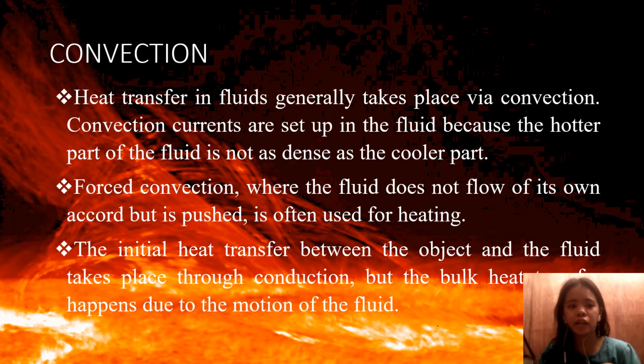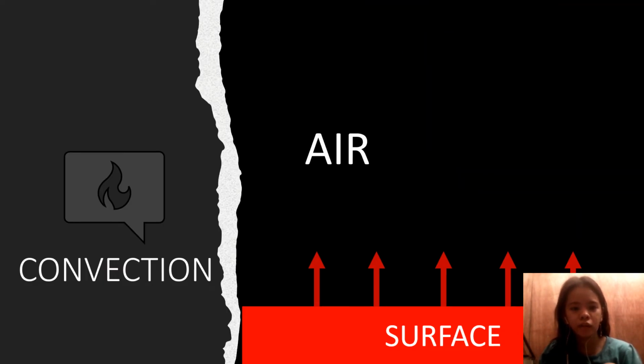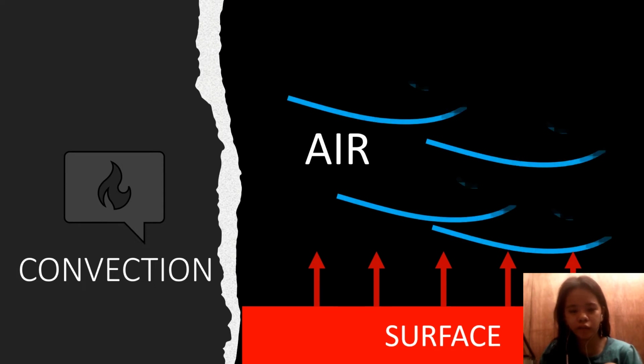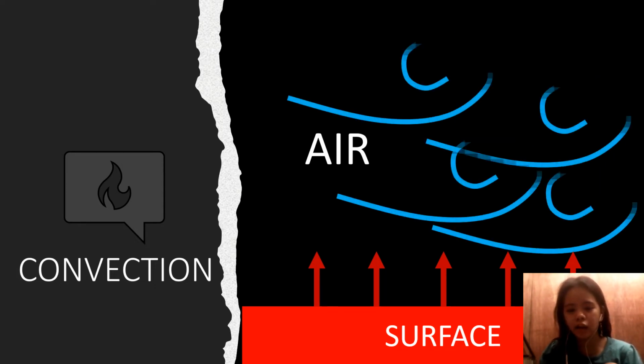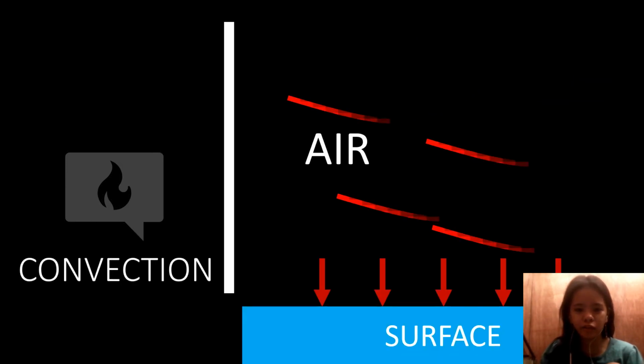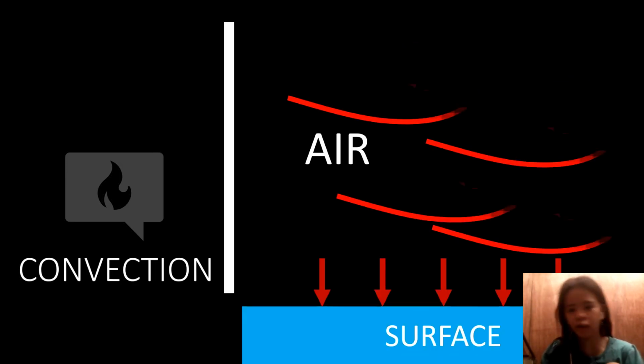So there is an upward buoyant force on the hotter fluid, making it rise while the cooler, denser fluid sinks. So this is how it works. The air is cold while the surface is hot, so the heat goes up. While the surface is warm, the heat will go down.